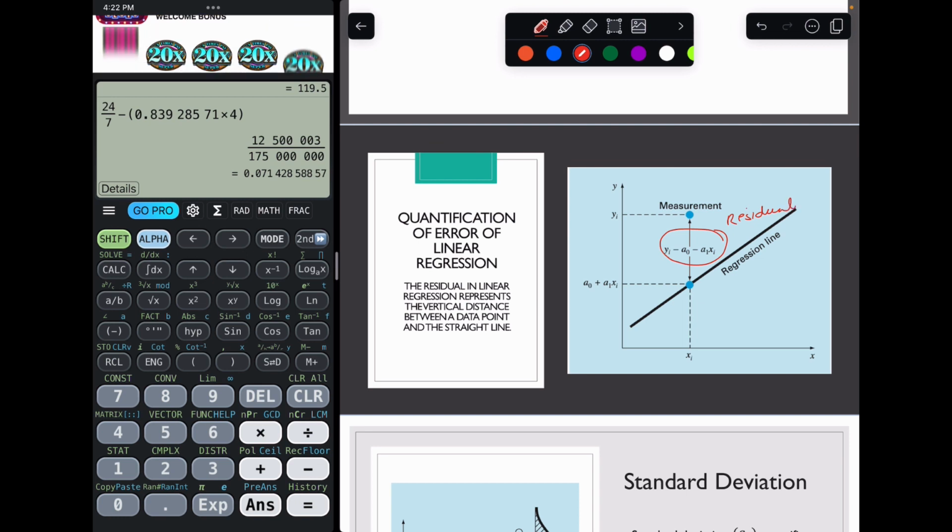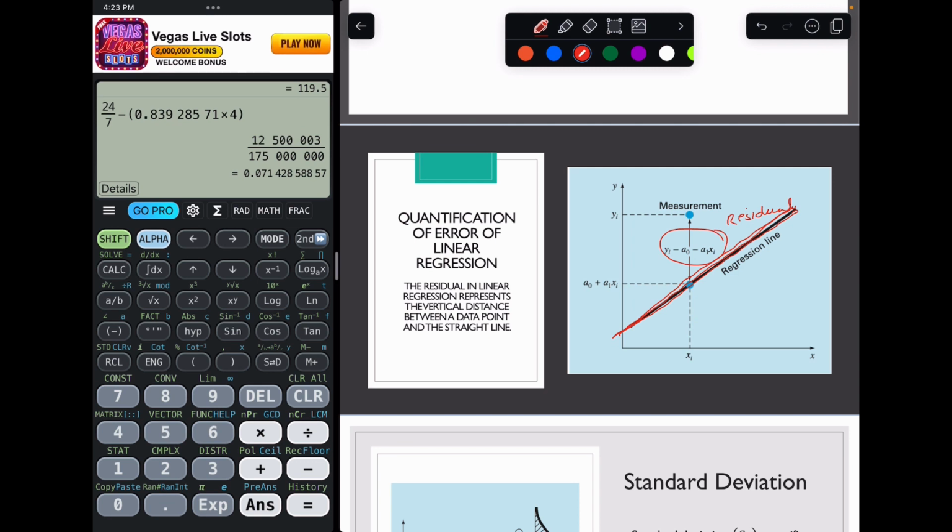So that is the error. Because we represented the data points with this regression line, the discrepancy between the actual data point, or the distance of the data point to the regression line, is what we refer to as the residual, or the error. And there is a tolerable error that we want to achieve.